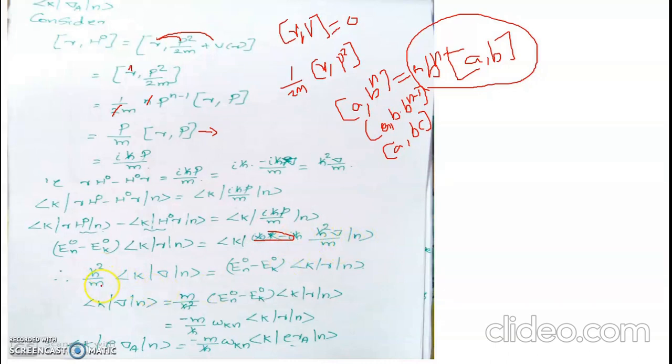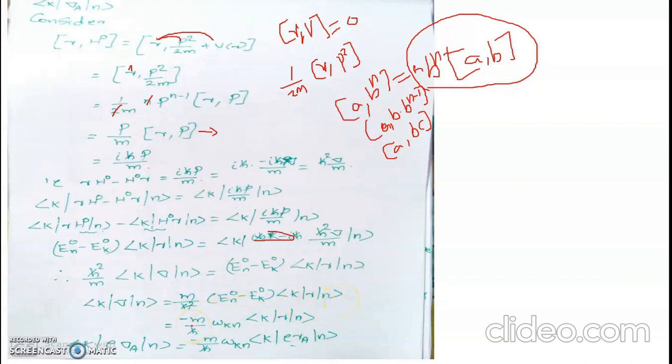For h cross square by m, as these are scalar constants, scalar product k grad n is equal to, taking h cross square by m to the right side, m by h cross square En0 minus Ek0 scalar product k r ket n.